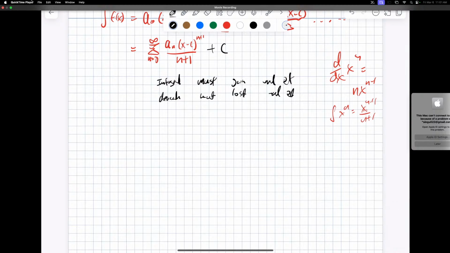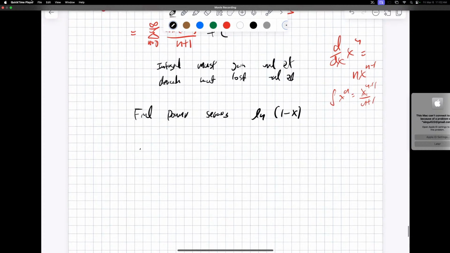So, I want to find the power series. Can I find the power series of natural log of 1 minus x? What's a function whose derivative is going to give natural log of 1 minus x? 1 over 1 minus x.